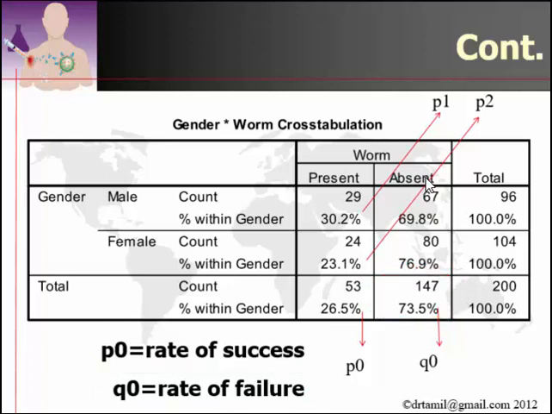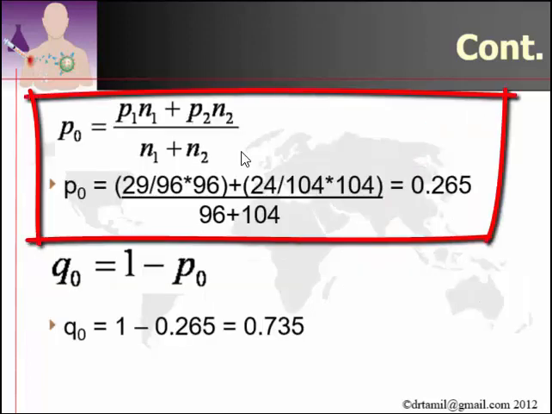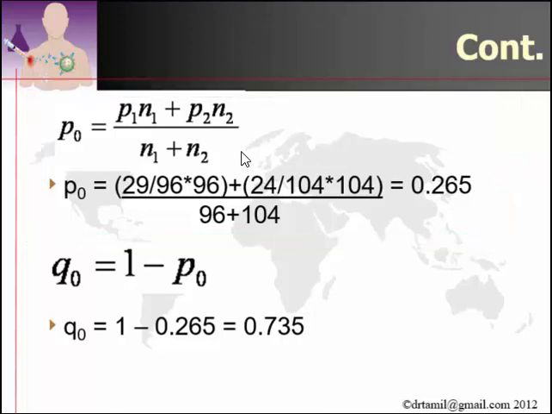You can see that by doing this, there's no need for me to calculate the PO separately. Otherwise, I would have to put P1, N1, P2, N2 into the formula to get the value of 0.265. Here it's already there, just based on the table.